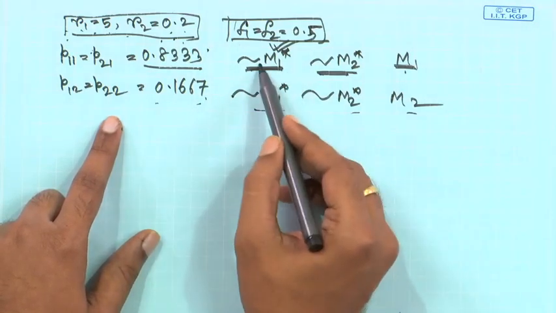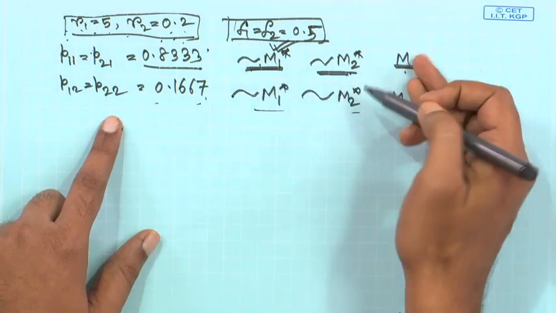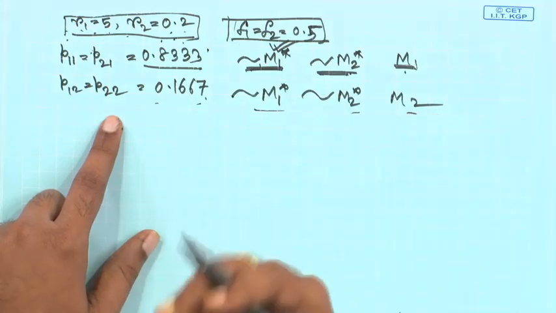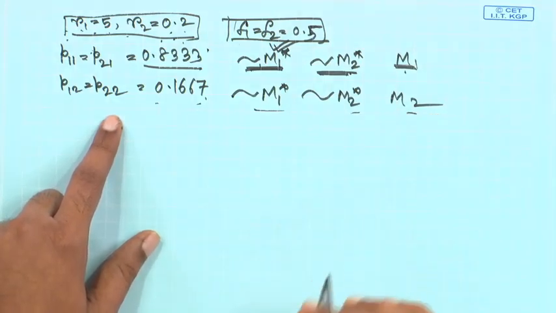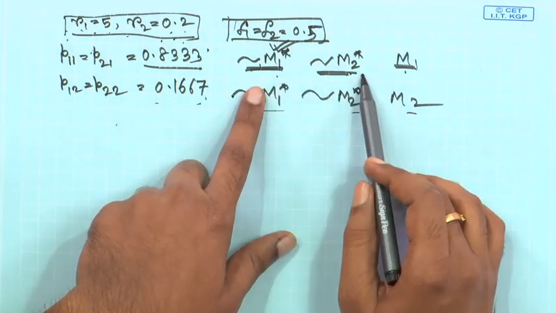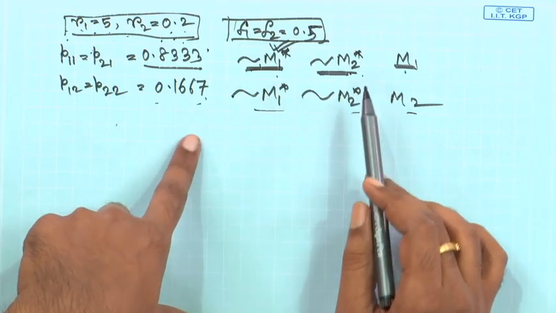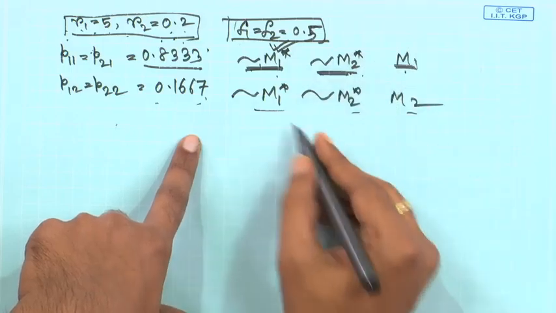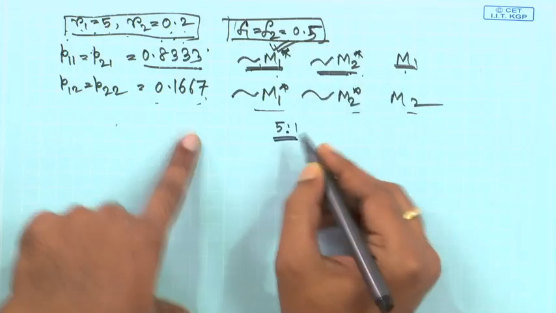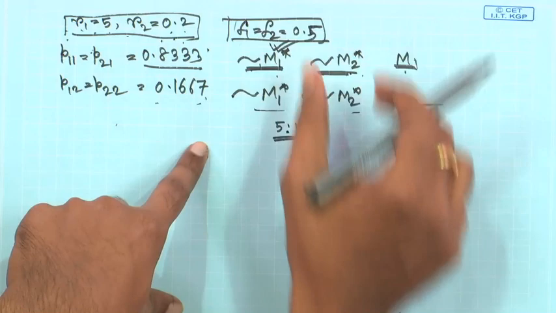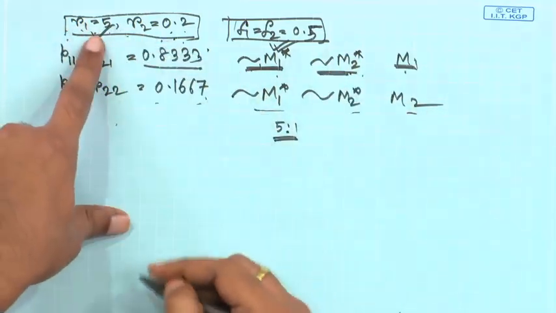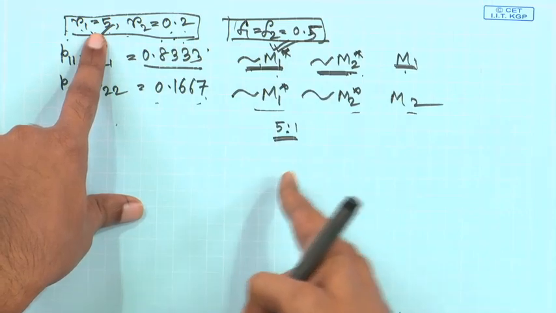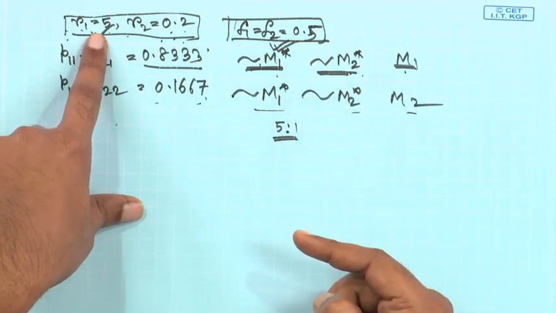So, that means both M1 star and M2 star have a 5:1 tendency to add M1 over M2. Even though these probabilities are equal, they have a 5:1 tendency because your M1 is more reactive. So, 5:1 tendency means obviously more of M1 will go into the system.